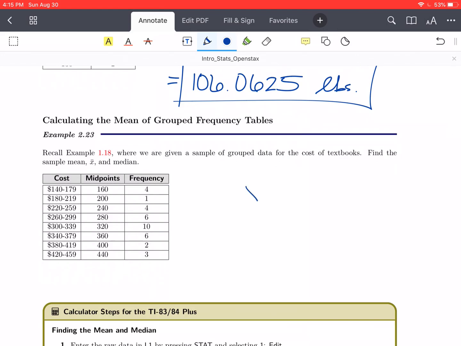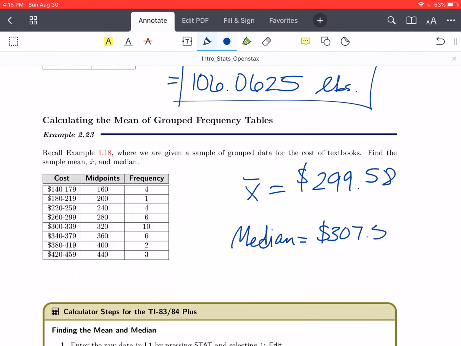I'm not going to go through all of that, but if you want to try it for practice, by all means. You get 299.58 for x bar, the sample mean, and the median, the middle value, is 307.50. You can go back and look on the previous pages to find that example again.